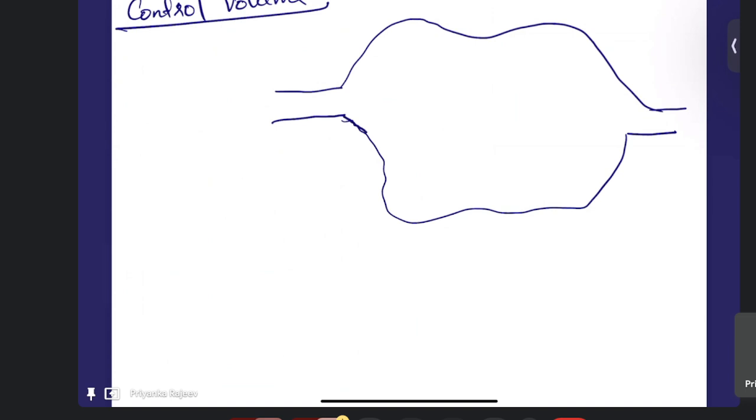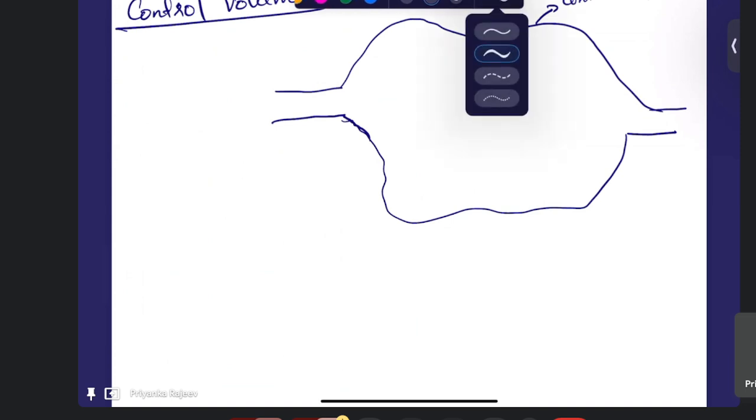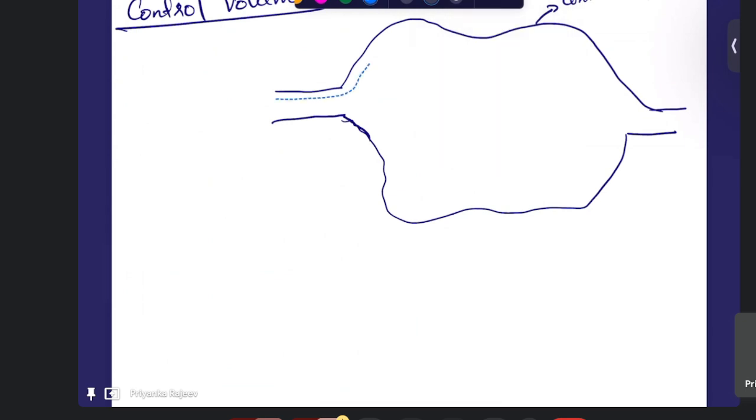You can take it as a duct or anything that you want. This rigid boundary is the control mass system, right? Now I am taking something like a dotted system, drawing over here.